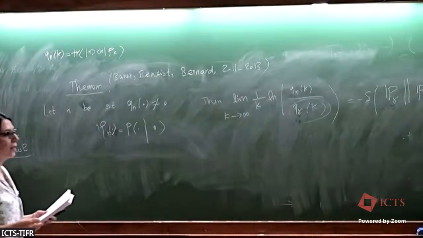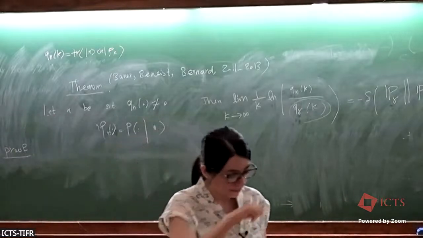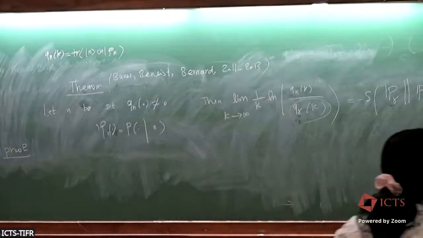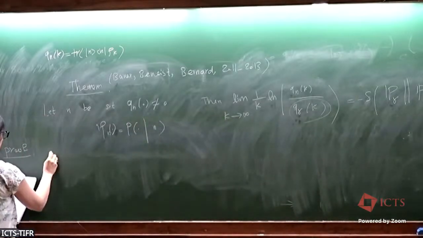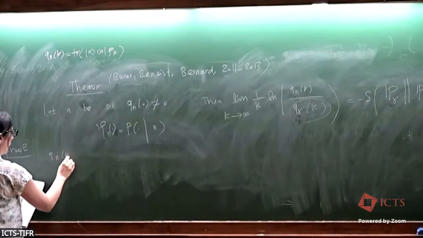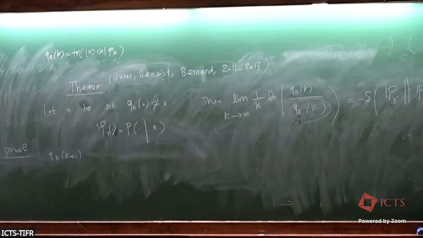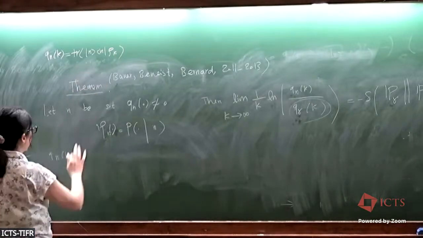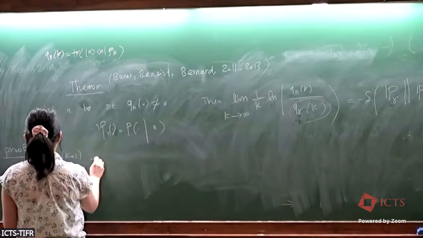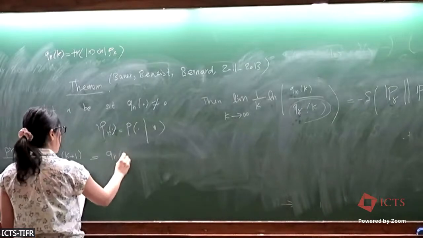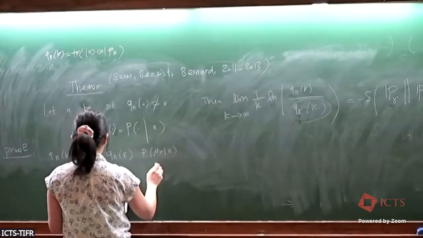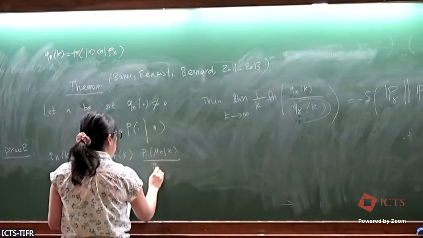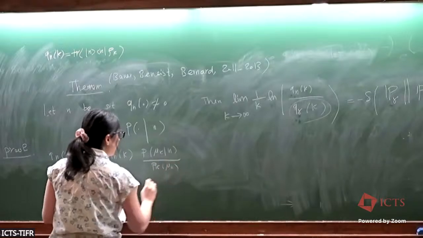So first of all, they use the fact that you have some recurrence relation. In fact, if you look at Qn at k plus 1, which is the trace of Nn rho k plus 1, you have some relation with Qnk times the probability of mu k knowing n over the probability of mu k.